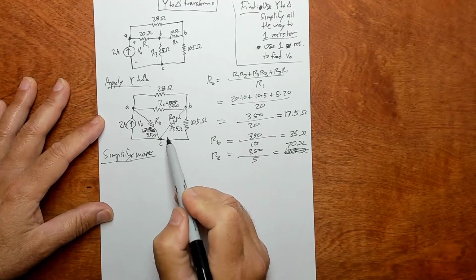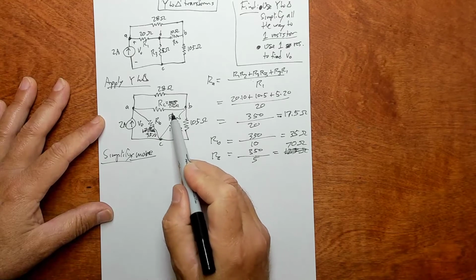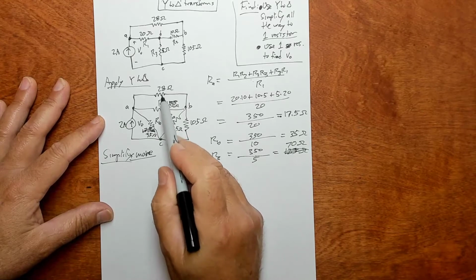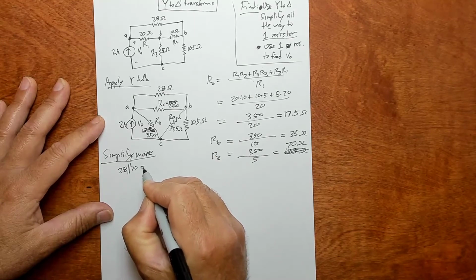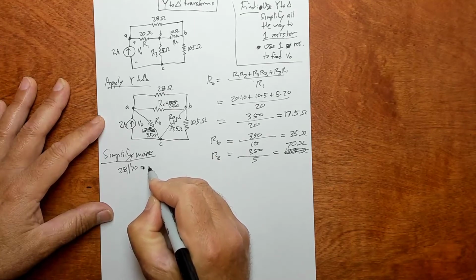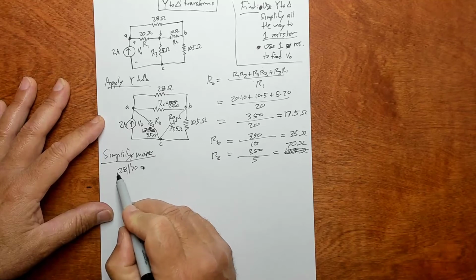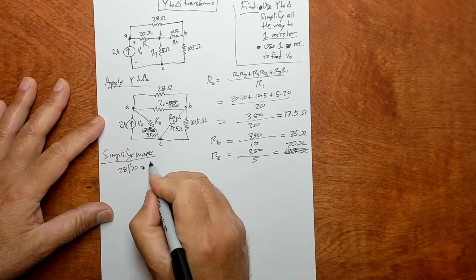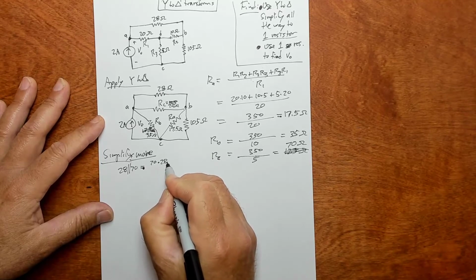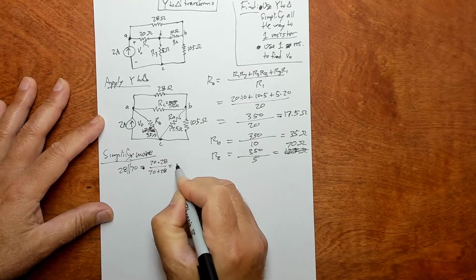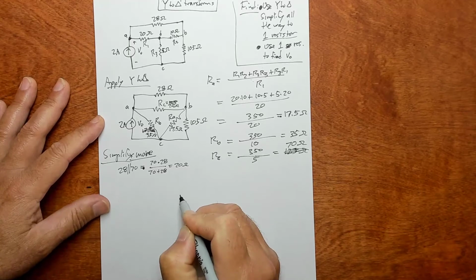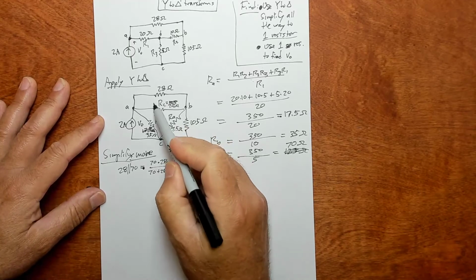These two guys are in parallel, so the 28 is in parallel with the 70, and that ends up being the product over the sum. So this ends up being 70 times 28 over 70 plus 28, which is 20 ohms. So that's these two guys up top.